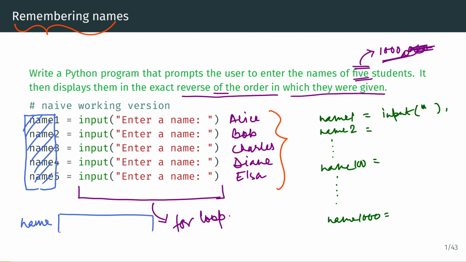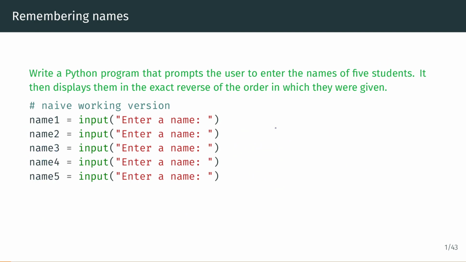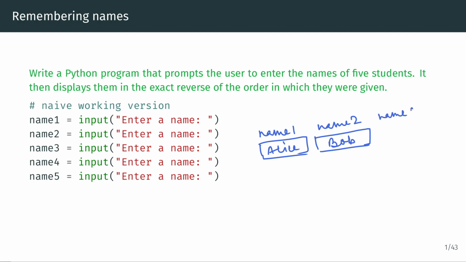So instead of variables which look like this: name1, that's one variable, and that's the data inside it. Let's say it's Alice. And then we have name2, and inside that variable, we have data like Bob. And we have name3, and inside this, we have data such as Charles, and so on. Instead of this, can we have something like this?